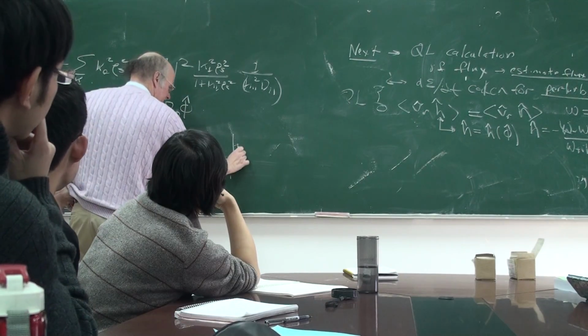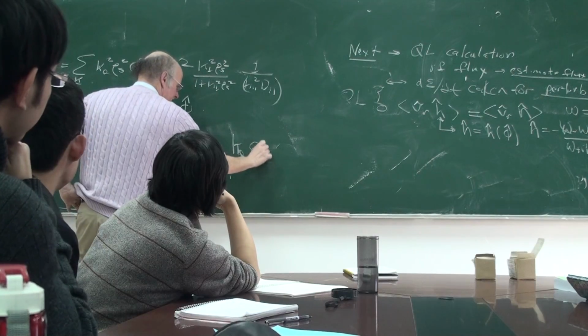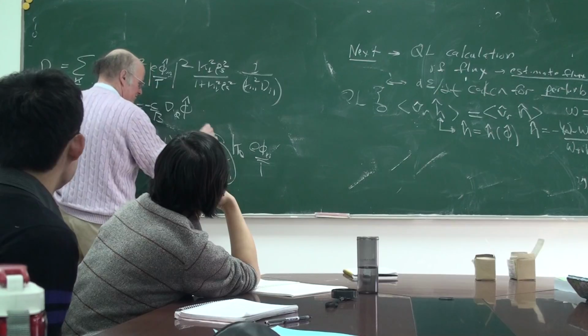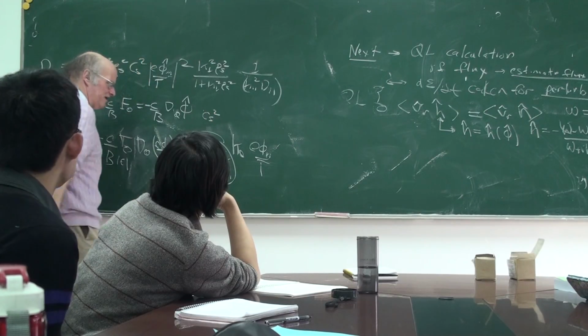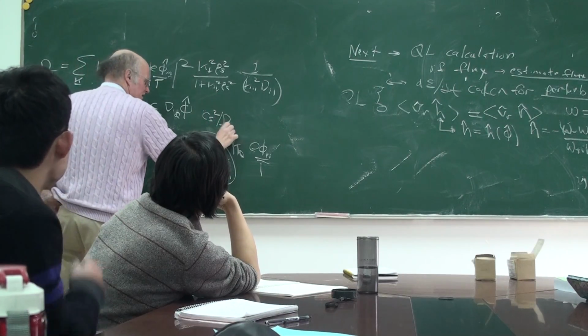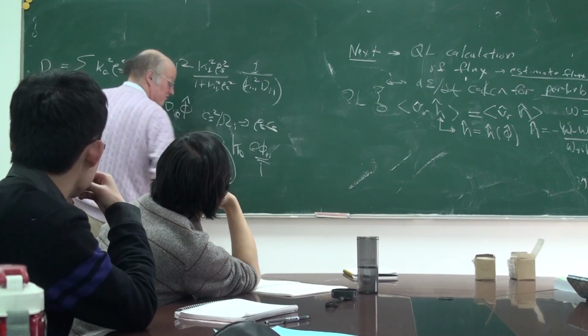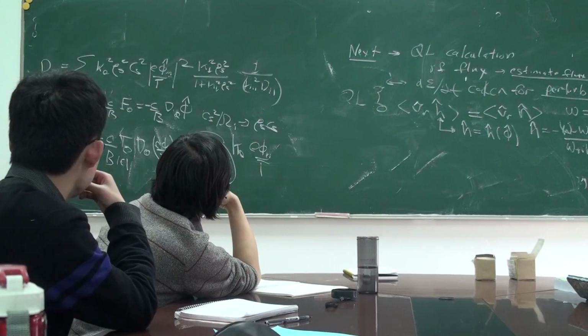And then I have a k theta, and then I have an e phi over T. And this, you will recognize, is just the speed of sound squared divided by omega i, and this is equal to rho s c_s. Okay?